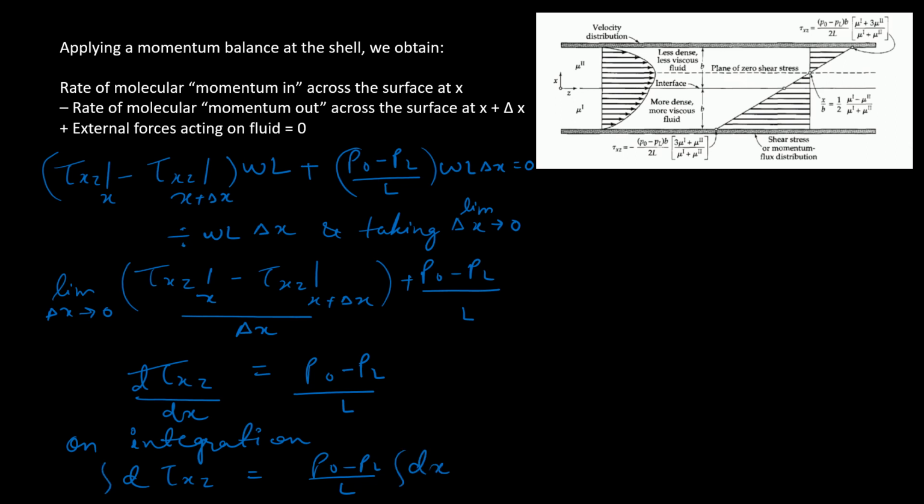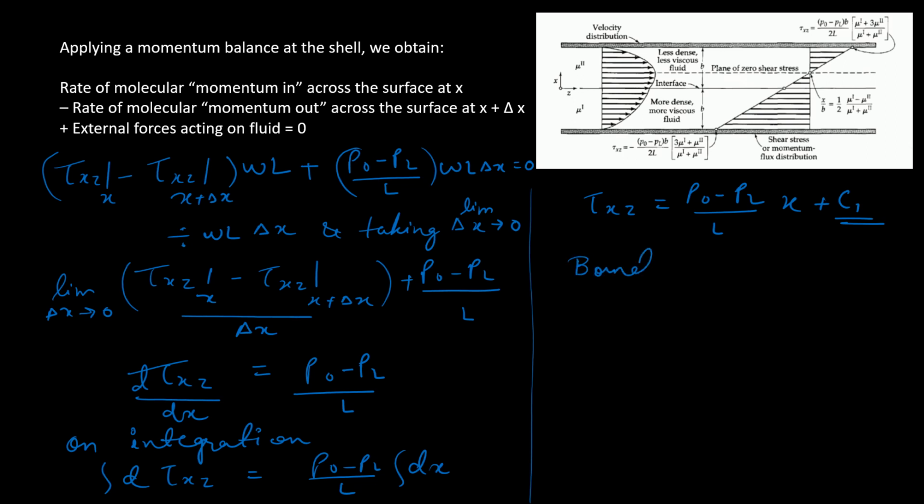Integrating both sides, we get tau xz equals (P naught minus PL) upon L into x plus C1. To find the value of C1, we need to find out the boundary conditions.